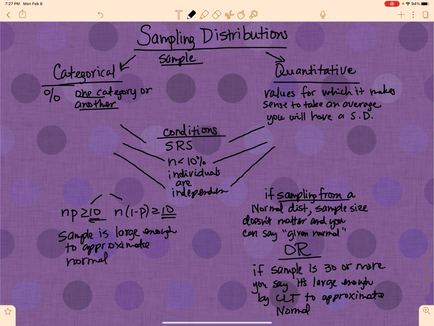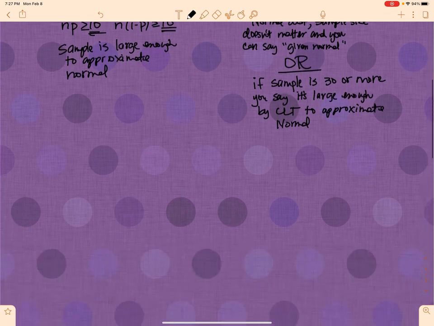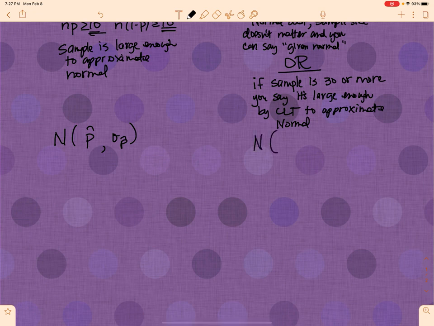Groovy. Once you have all of that figured out, what you have to do is create a distribution in this form right here. You have to do the same thing here. How do we do that, Miss Griggs? Well, whatever P you were given in the problem goes right there.